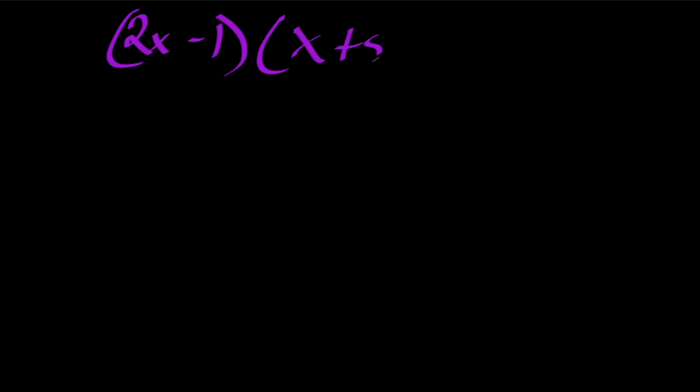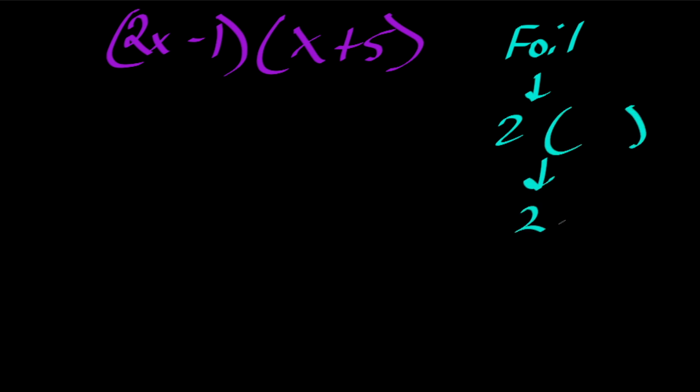Let's start off with a basic one. Let's say we have 2x minus 1 times x plus 5. This is a good example of where we FOIL, because we can use this FOIL method whenever we have 2 binomials. So basically 2 parentheses, and they have 2 terms in each parentheses.